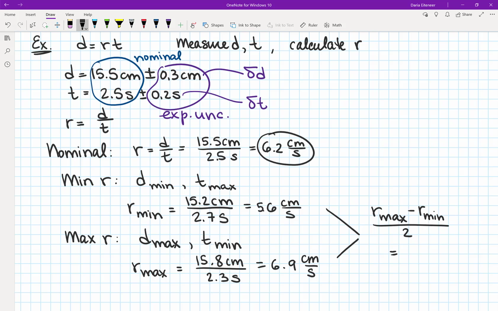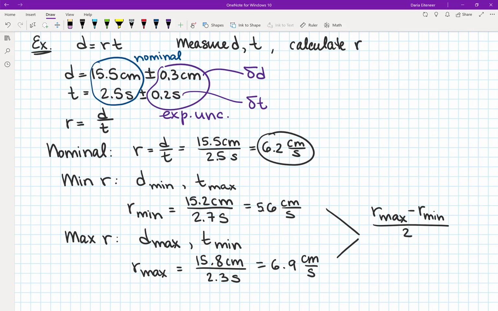I'm going to use rounded numbers here because as far as I'm concerned, this calculation can only be done to 2 sig figs, right? That's how my measurements were made. So I'm going to find the difference of these two numbers, 6.9 minus 5.6, then divide that by 2. Then I have to make sure that I am consistent with the decimal places.